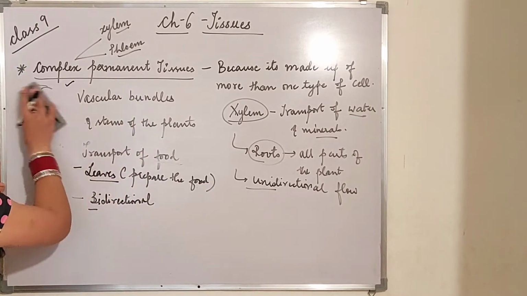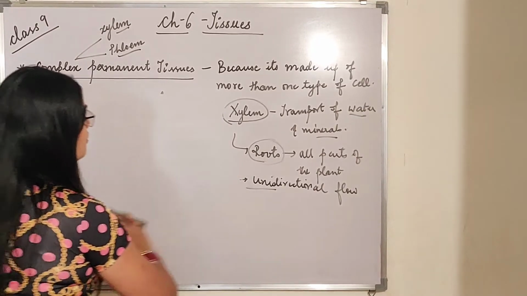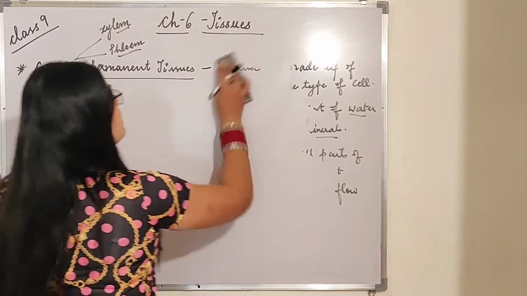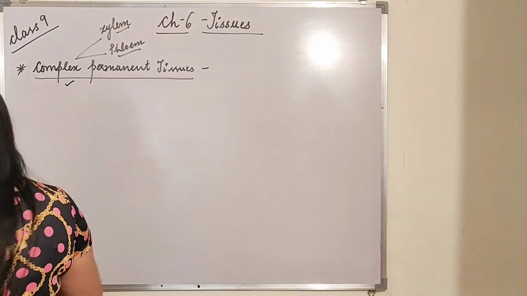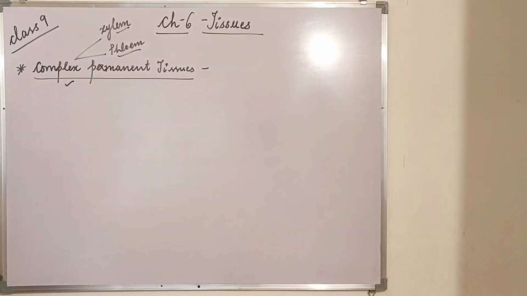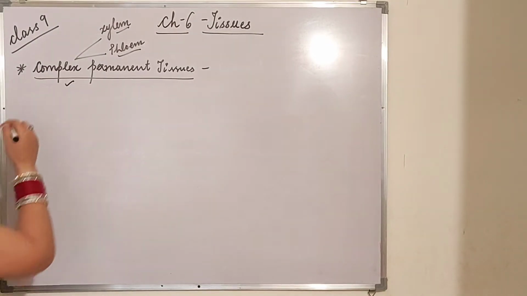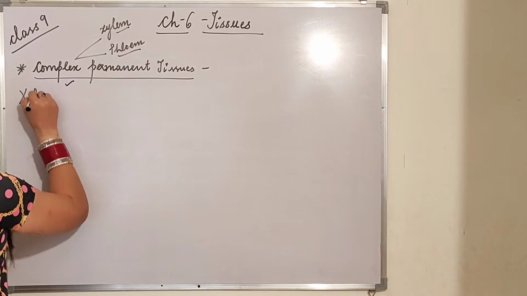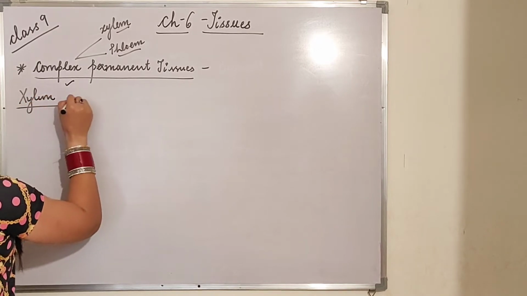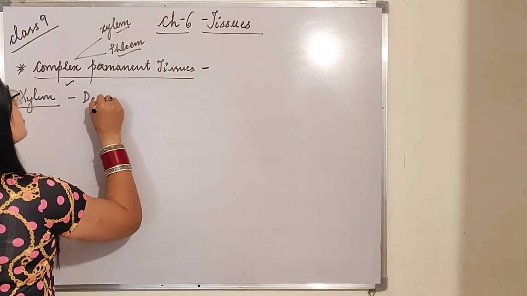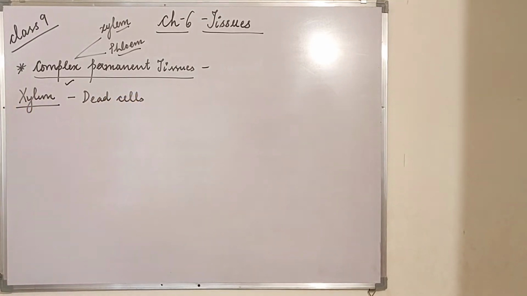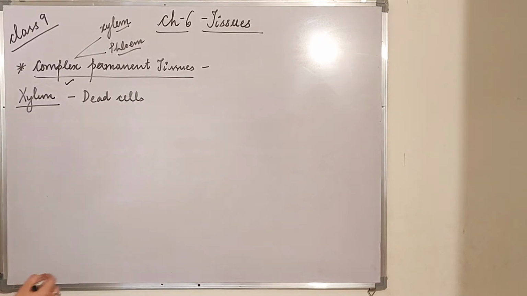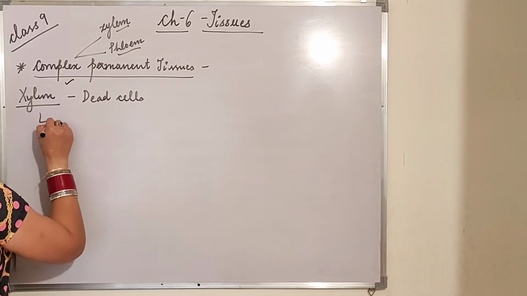Now we'll be studying the parts of xylem and phloem. What are the different cells that make up xylem and phloem? First of all, we will begin with xylem. Xylem is made up of dead cells, and it has basically four types of cells inside it.